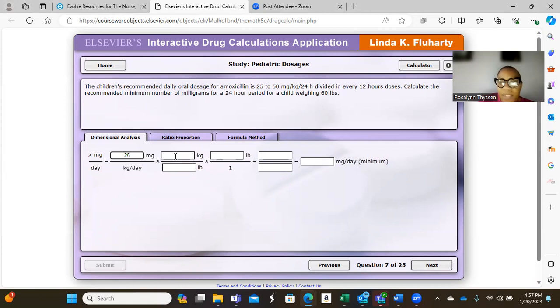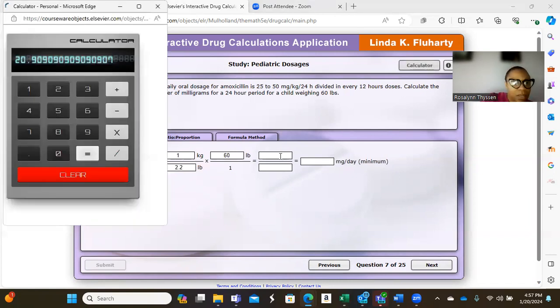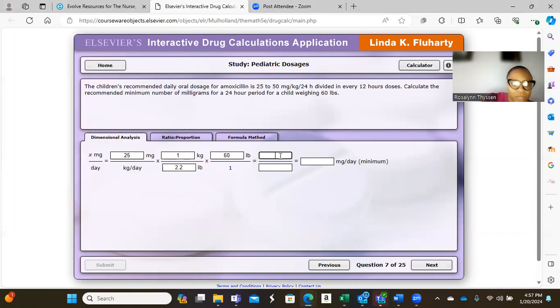Because I know I'm going to have to get rid of kilograms, that's what I need next. But my child is in pounds, so it's a conversion. 1 kilogram is 2.2 pounds times the 60 pounds that I need. I can multiply straight across. 25 times 60, and that's 1,500.